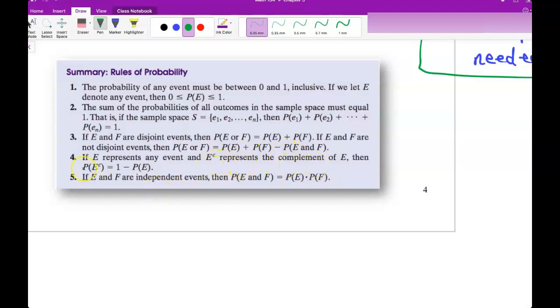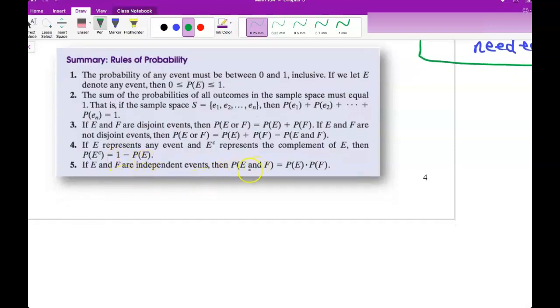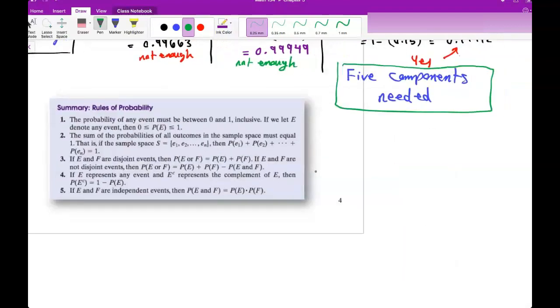And complements: the probability of the complement of this event is equal to 1 minus the probability of E. The last one that we covered was independent events: the probability of E and F is equal to the probability of E multiplied by the probability of F. Okay, so I finished this part.